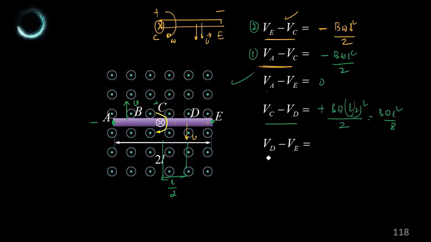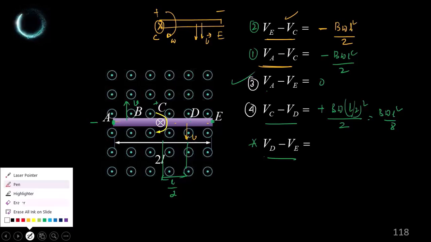Okay, VD minus VE. So you cannot get this result directly. Why? Because none of the points is a fixed point. So once I get the results, let us say I am getting equation number 3 and 4. If I subtract 3 and 4, you take VC and VD, and VD and VE means equation number 2.